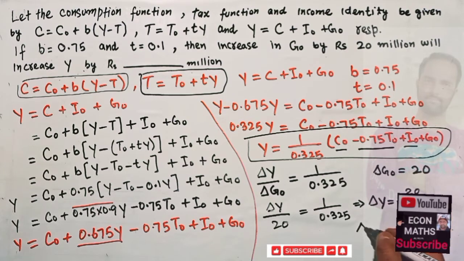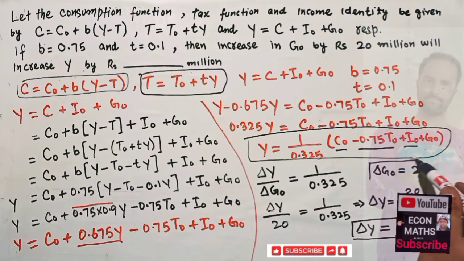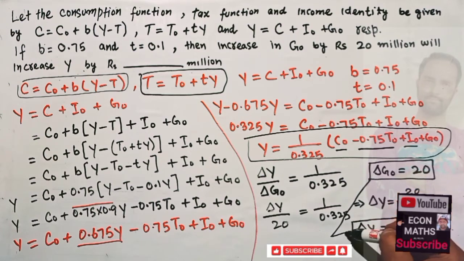That means our income will increase by 61.54 million rupees. When government expenditure increases by 20 million, income will increase by 61 point.